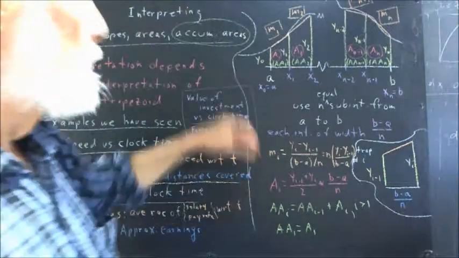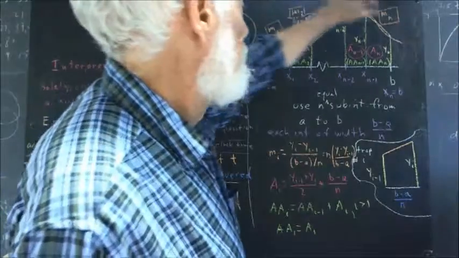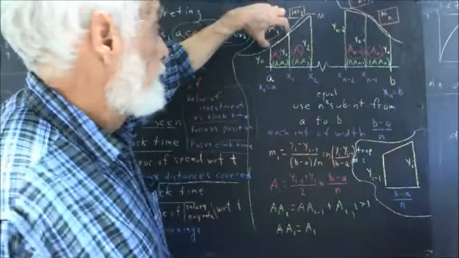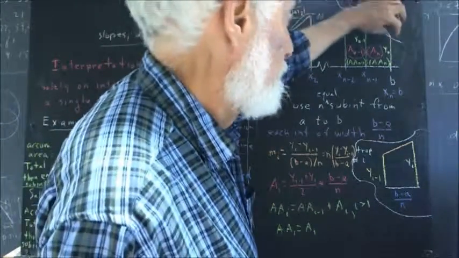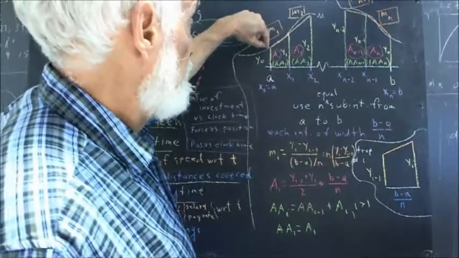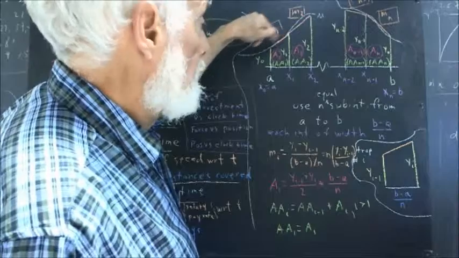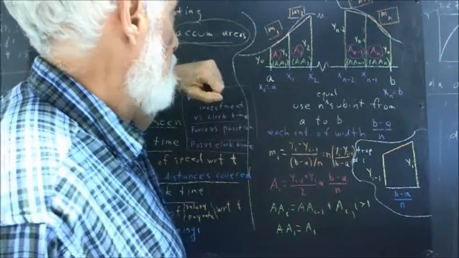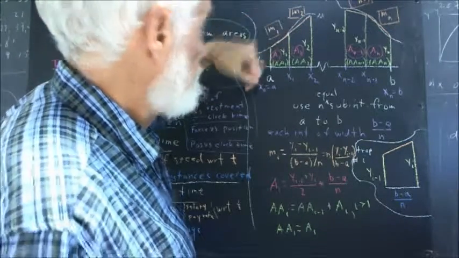The slopes, well, you have a bunch of slopes, and we see that these are average slopes over intervals. In this case, the intervals are short enough that the average slope is pretty close to the actual slope of the graph, at least on this trapezoid.